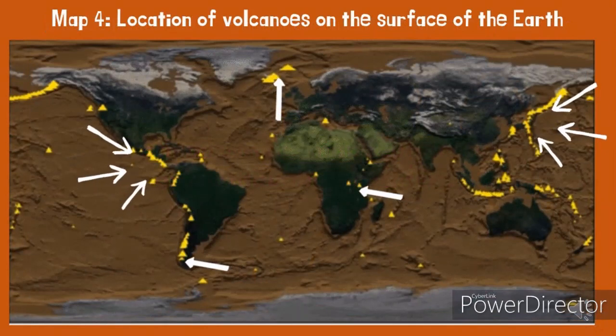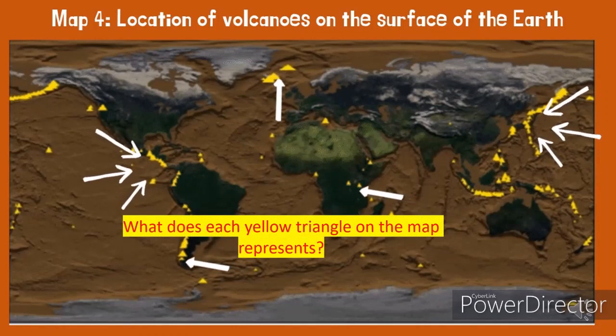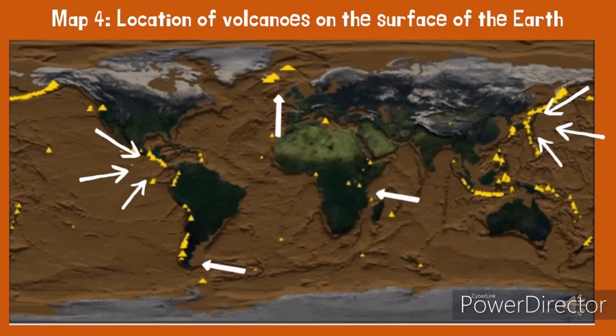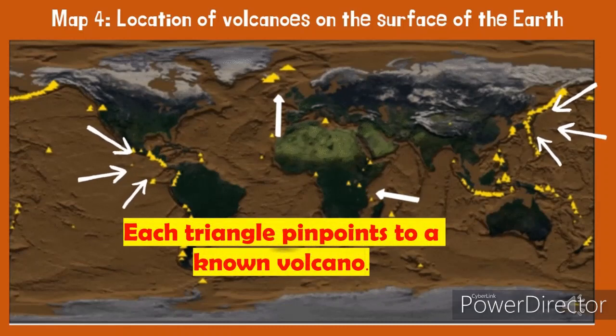In map number 4, the locations of volcanoes on the surface of the earth are shown. What does each yellow triangle on the map represent? Map number 4 shows the location of volcanoes on the surface of the earth. If you notice, there are yellow triangular shapes on the map, and each represents a volcano.